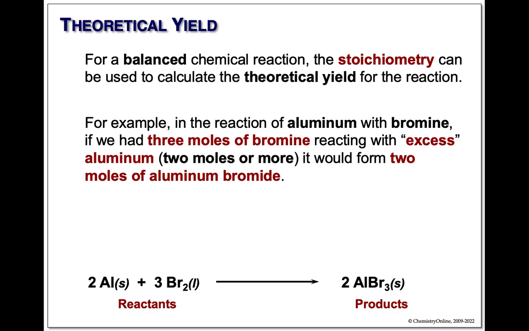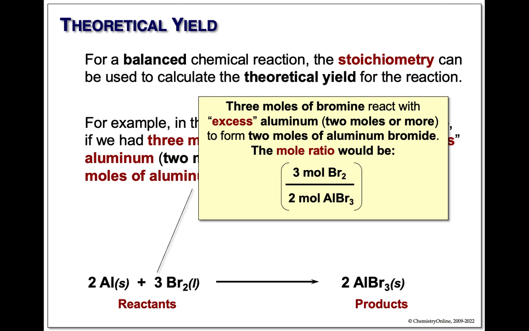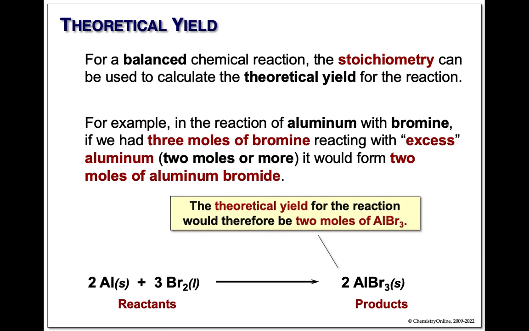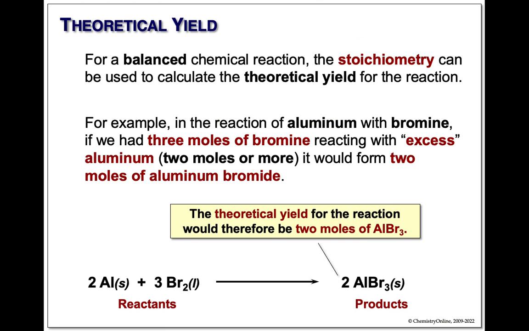Our theoretical yield here would be 2 moles of aluminum bromide. Here's our mole ratio. Here's our product. The theoretical yield, we say 2 moles of aluminum bromide. Now, that's the theoretical yield.